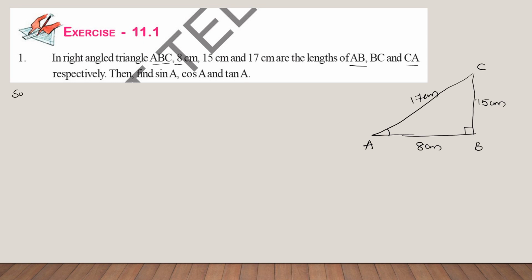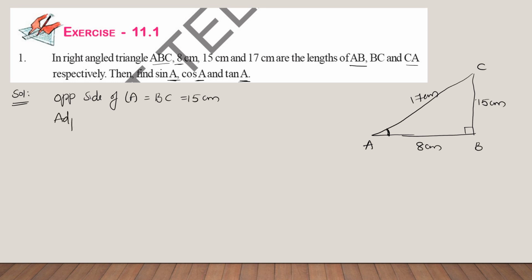Now with respect to angle A we need to find the ratios. What is the opposite side? The opposite side of angle A is BC, which is given as 15 centimeters.